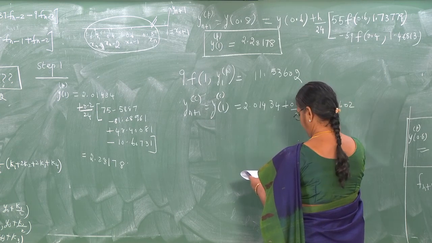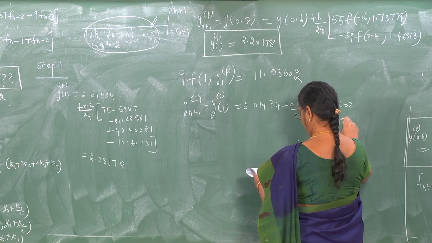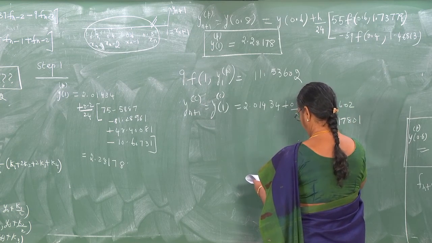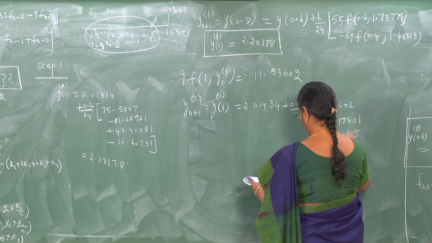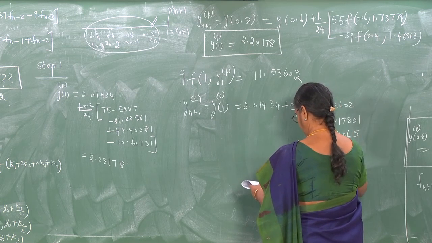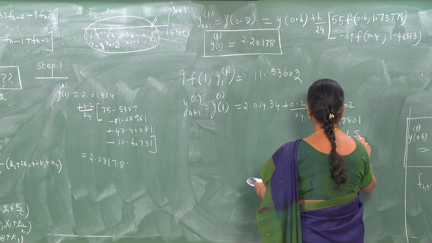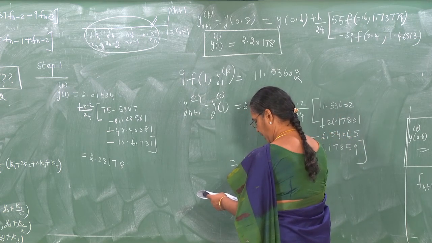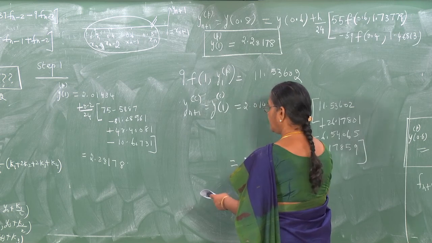11.53602 plus 26.17801 minus 6.54065 plus 1.17859, and the result is 2.28393.